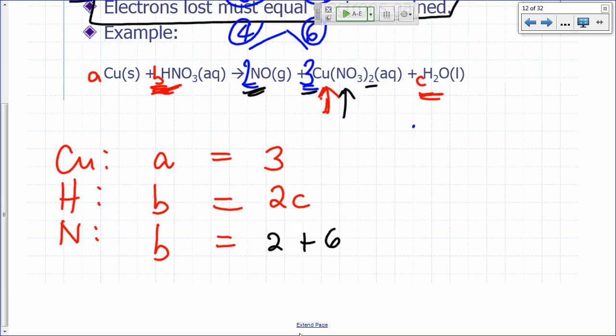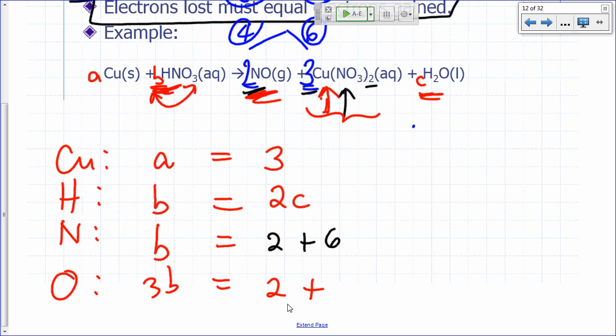And finally, if I want to balance oxygen, what should I have on the left? B times 3, so that's 3B. How many oxygens do I have on the right? There's 2 here, plus 2 times 3, that's 6, times 3, that's 18, plus another oxygen here, C, right? Do I know what A is?